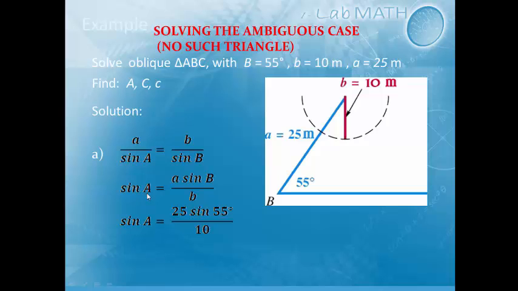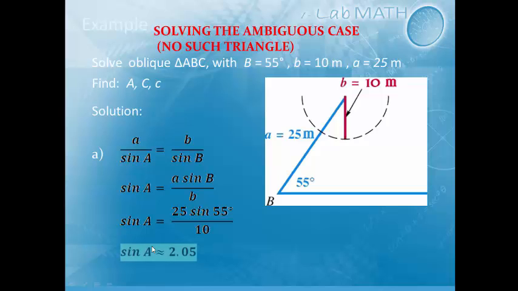So looking for angle A, that is transposing it, we have sine A is equal to A times sine B over B. Substituting the value of A, which is 25, and angle B, which is 55 degrees, and side B, which is 10 meters.